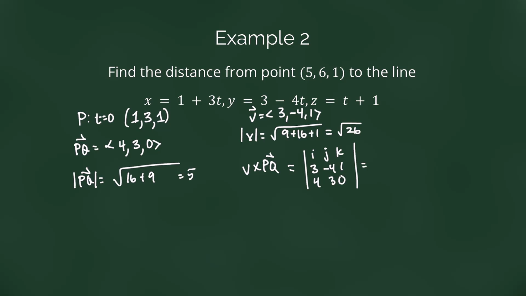So that is going to give us, let's see, negative 4 minus 3 times i, minus 0 minus 4 times j, plus 9 minus negative 16 times k.